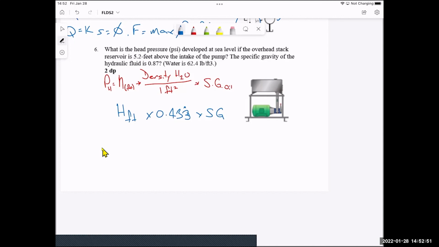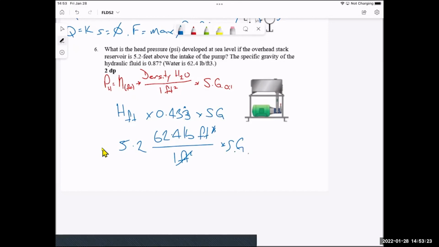But the most accurate answer is going to be this height in feet times this density of water per cubic foot, over 1 square foot. Well, those two will cancel out with the 3, leaving just 1 foot there at the top, and times specific gravity.